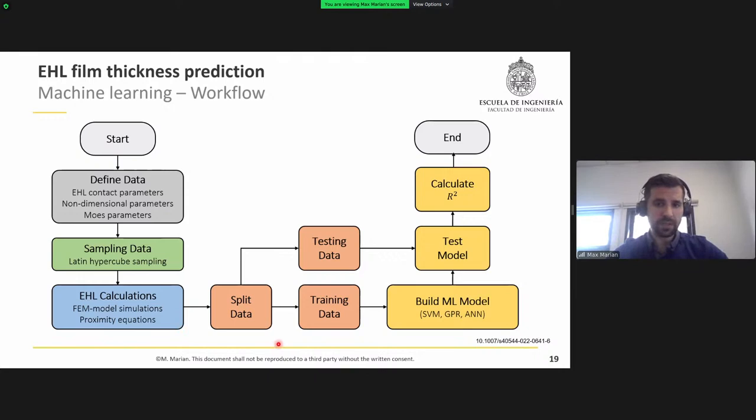Afterwards, we split the data into a training data set and used this training data to build a support vector machine, Gaussian process regression, and artificial neural network ML models. And we also split the data into test data to evaluate the prediction accuracy of our models. And for that, we use the coefficient of determination R².